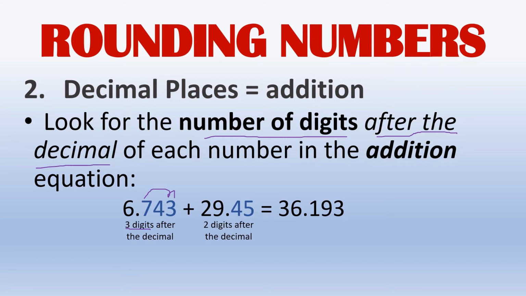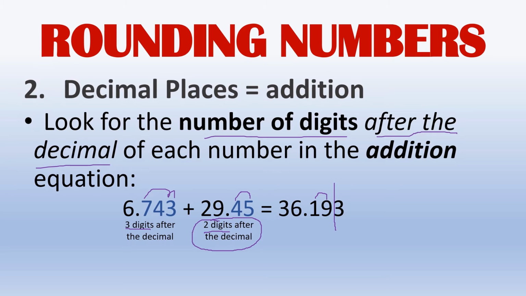And then on this one, 29.45, we have 1, 2 digits after the decimal. So we're going to choose the least amount of digits after the decimal, which in this case is 2. That's what we're going to round to at the end in the resulting number: 2 digits after the decimal, 1, 2. We draw the line after the 1, 2.